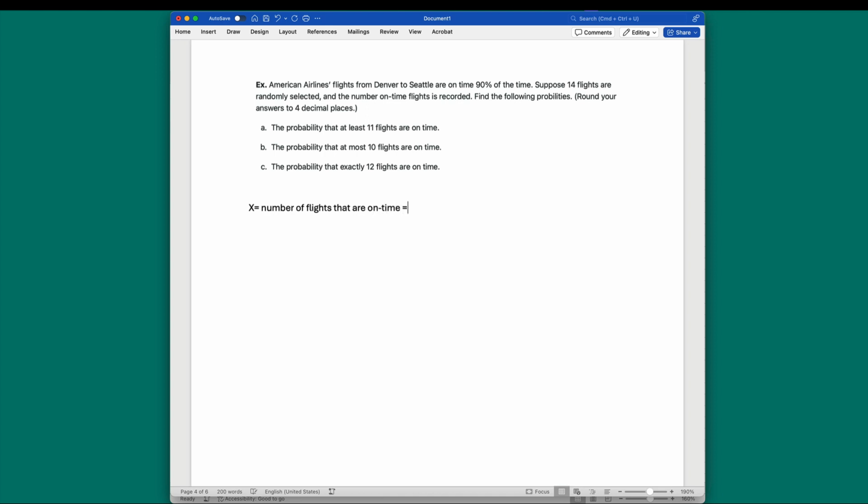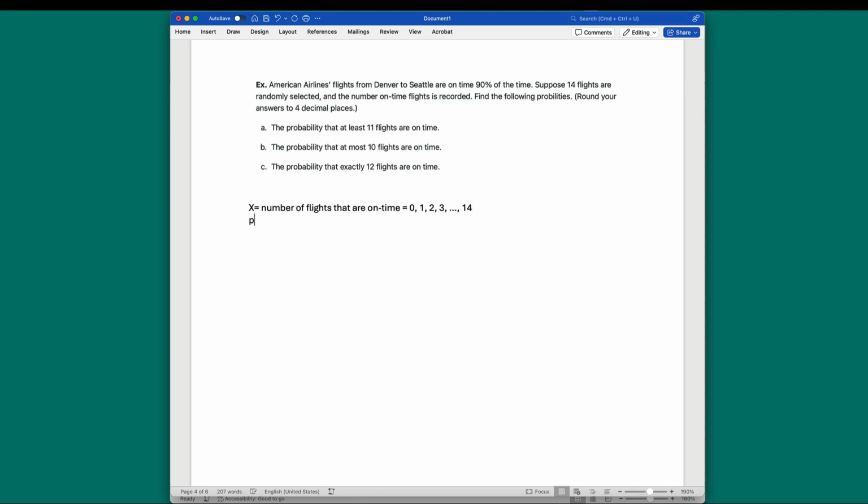So this has values of 0 for 0 successes, in other words, 0 flights are on time, 1 success, one flight's on time, 2 flights are on time, all the way up to a total of 14 flights that we're observing. And we're interested in the number of flights that are on time out of the 14.